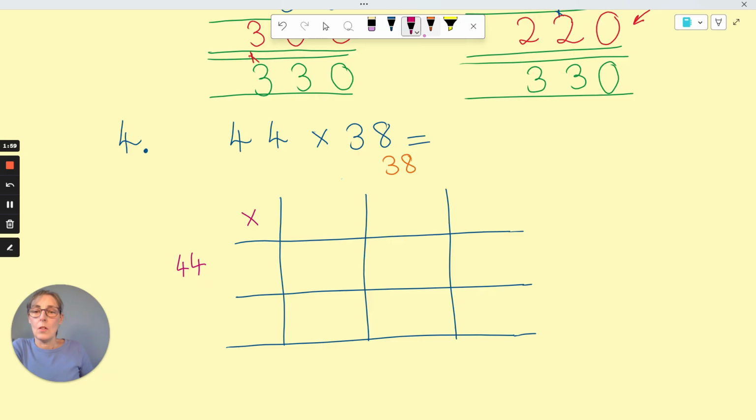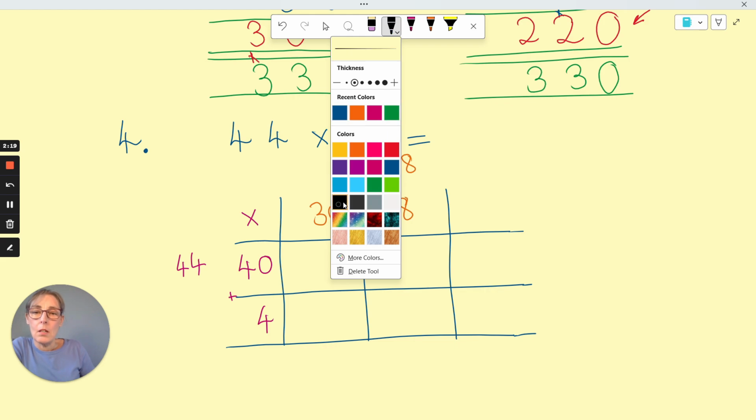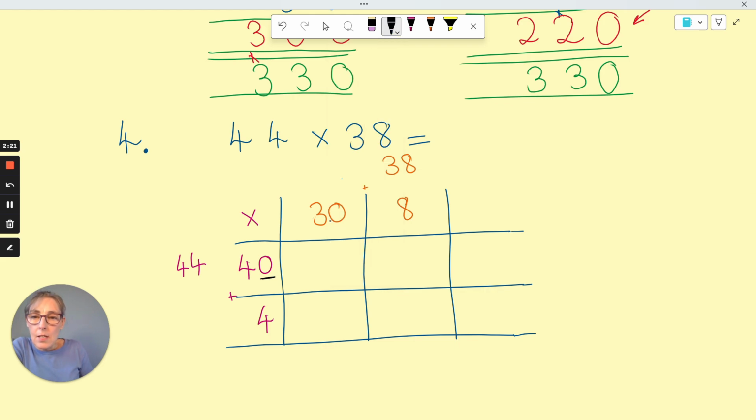All right. So 44 is made up of 40 plus 4, isn't it? 44 is 40 plus 4. 38 is made up of 30 plus 8, 38. Now, the first thing I like to do, a bit cheeky, is underline the zeros.